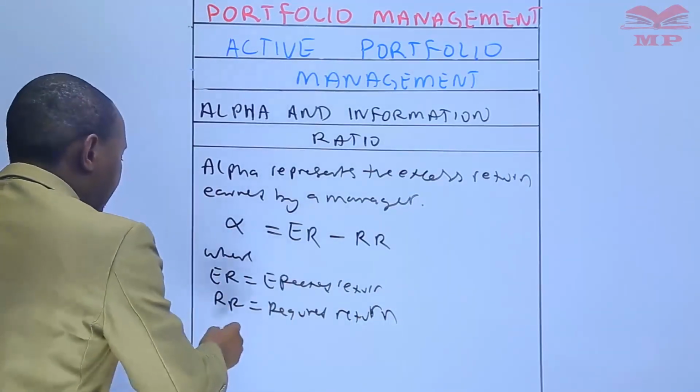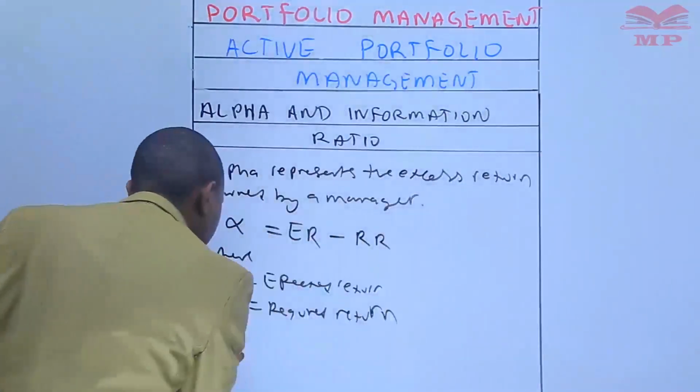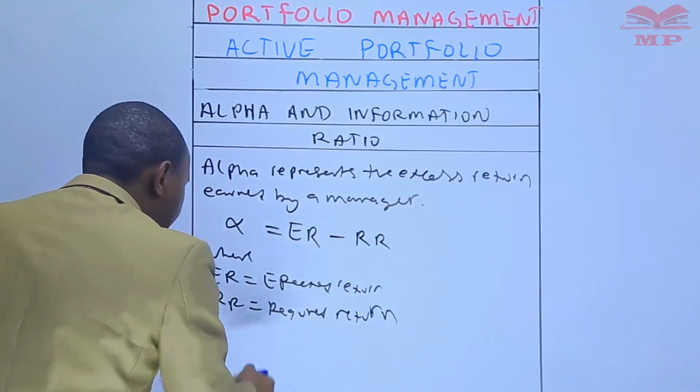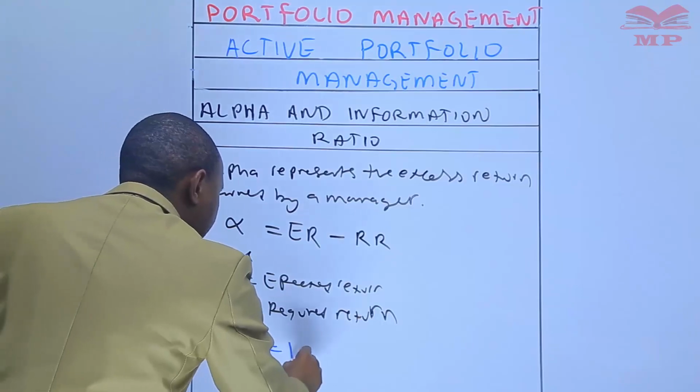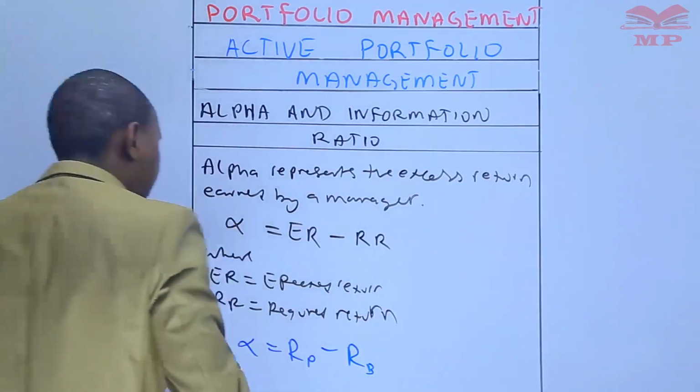We can also say that alpha is given as return on the portfolio minus return on the benchmark there.